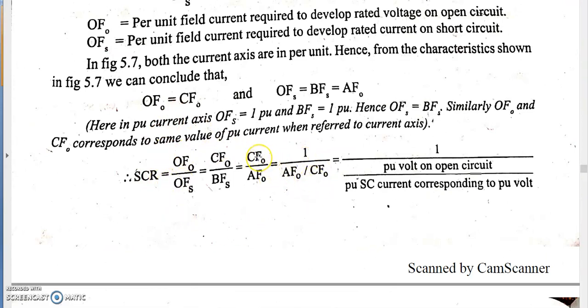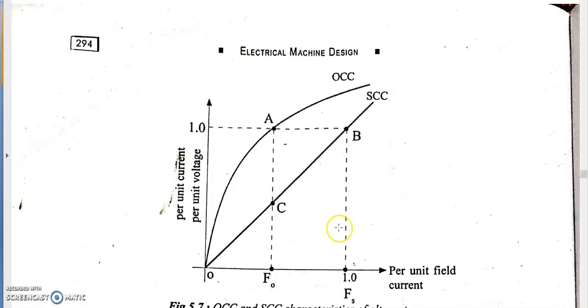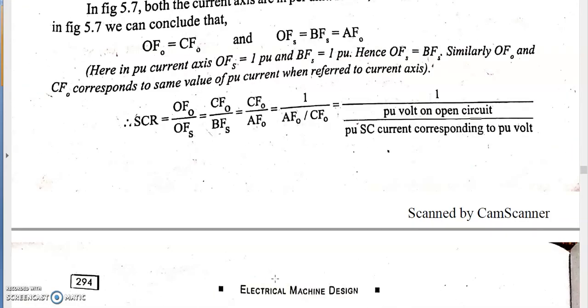So finally we are writing this final equation as AF naught divided by this EF naught, and AF naught is the open circuit voltage per unit, that is the field current required to circulate the open circuit voltage, and the CF naught is the short circuit current. Vertical axis here is the current and horizontal axis is the voltage.